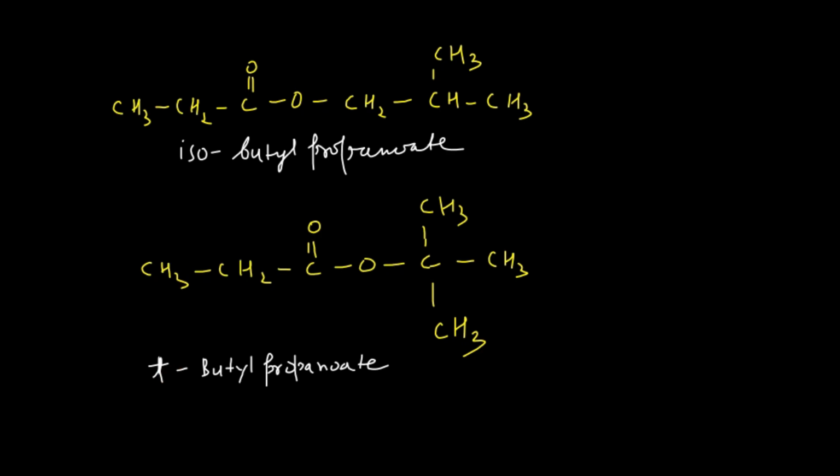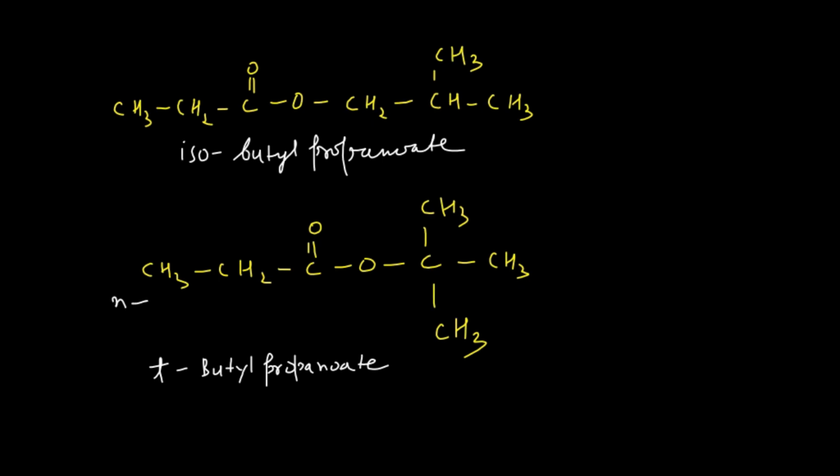If you are looking for the splitting pattern of these 3 hydrogens, you will apply the n plus 1 rule, where n is the number of hydrogens present on the neighboring carbon, and the number of these hydrogens is 2. So you can write 2 plus 1, that will give you 3. 3 means triplet.